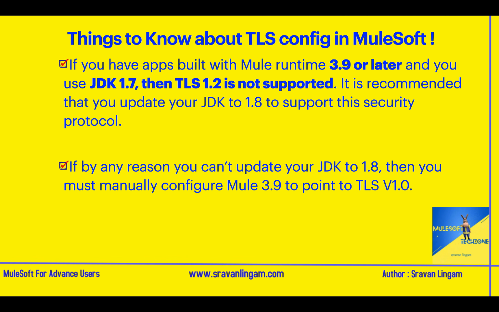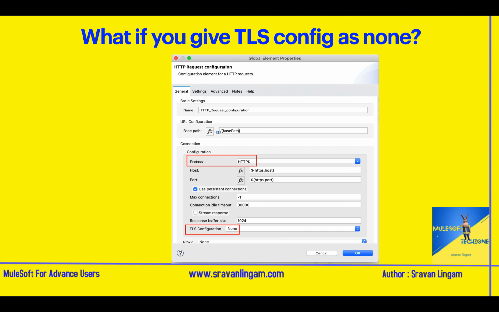And if for any reason you can't update your JDK to 1.8, the only way is to manually configure Mule 3.9 to point to the TLS v1.0 version. These are a few things I would like you to consider before getting started, and they are things you need to know as an advanced user.